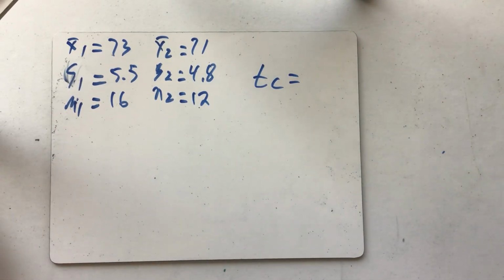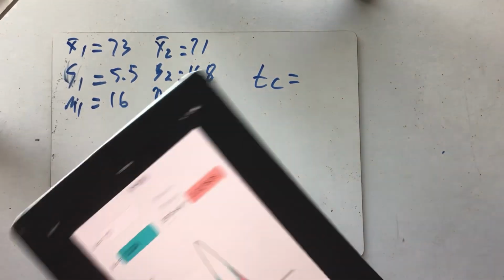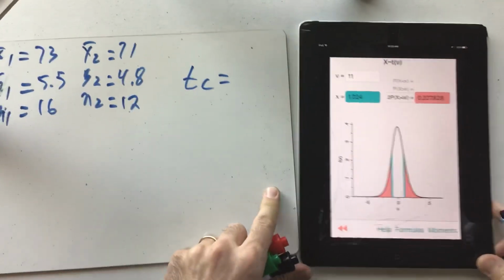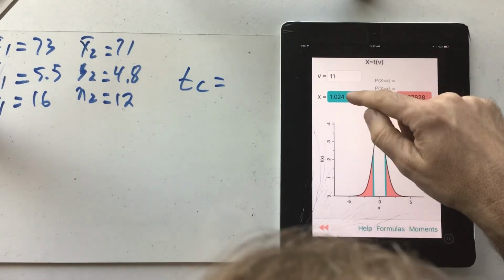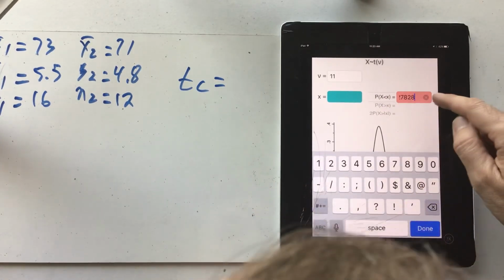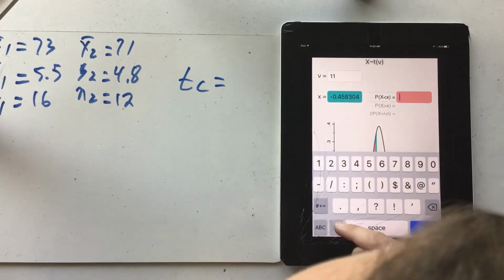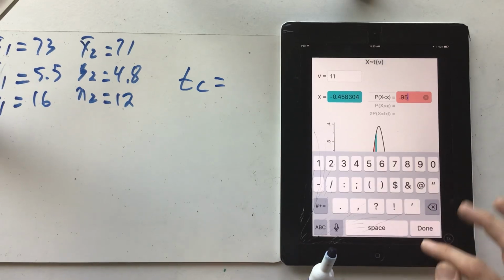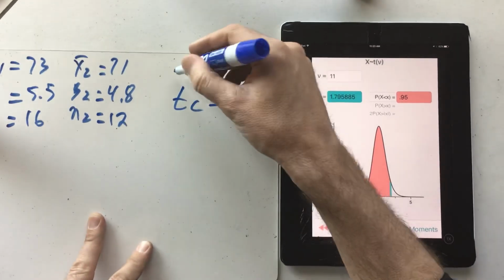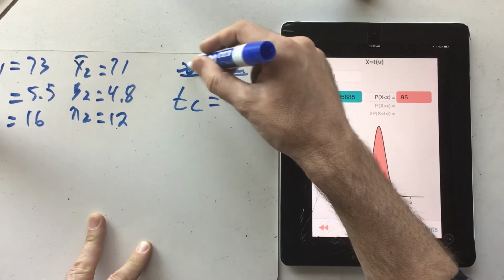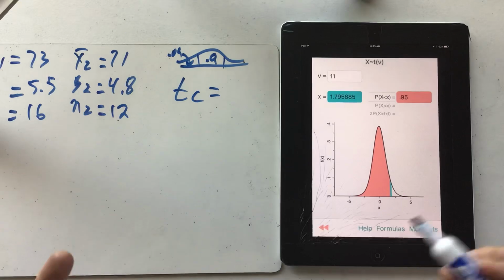And so my TC value, well, how do I do that? Well, the way I do that is I come back to my app, and I come back to my T distribution, and I've got my 11, and now over here, I'm going to want it to be less than, and I'm going to do 0.95 again, because for my TC value, I want that picture, and I want 90% in the middle, and then I need a 0.05 over here, so I need 95%.